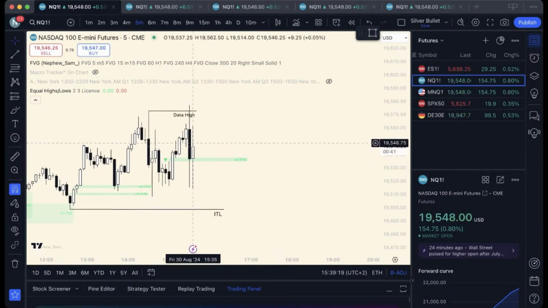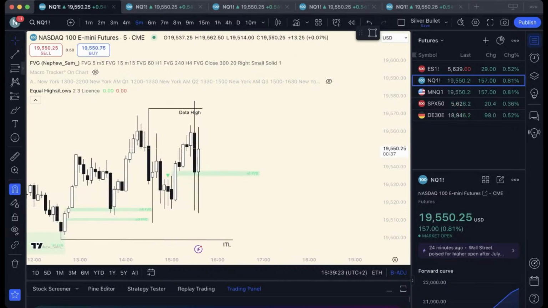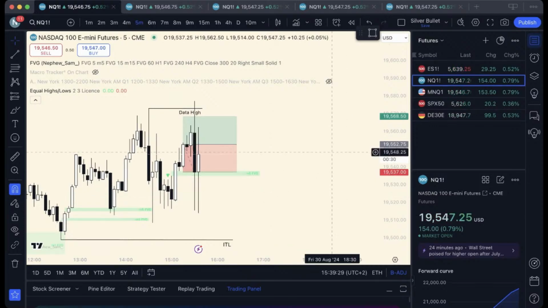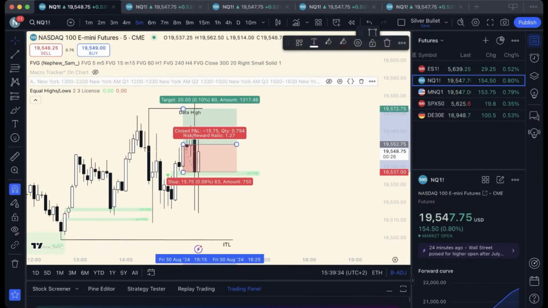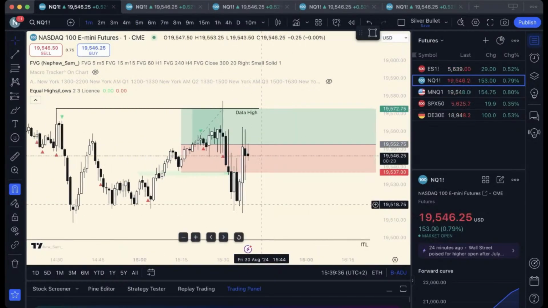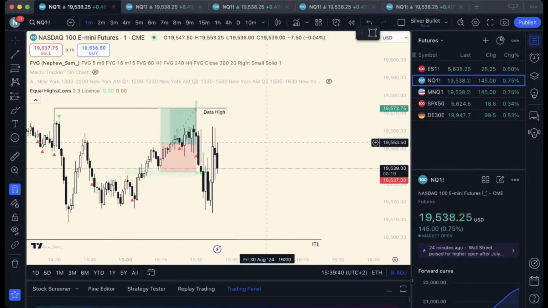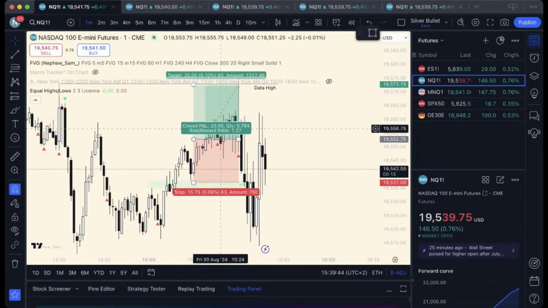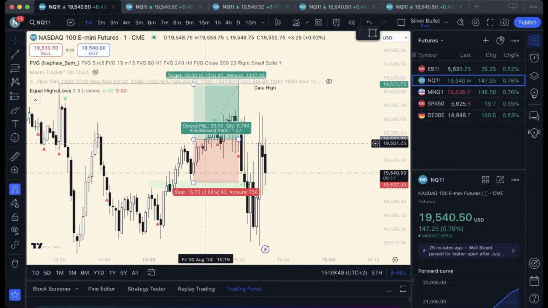So after we inversed it, we would have taken a long. That's probably what most would have done, and targeted data high. And it would have worked out. But I wasn't at the charts at the time, so it's fine. Some nice candles in the up move.